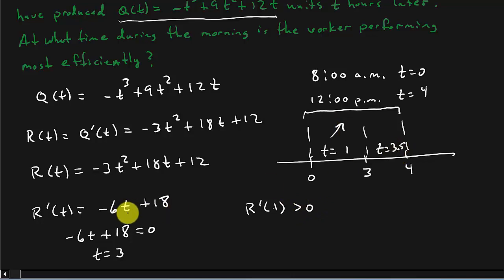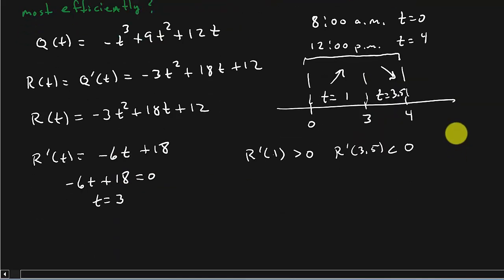And then the 3.5, plug that into there, r prime of 3.5, that is going to be negative, because think about it, 6 times 3 is 18, so 6 times 3.5 is more than 18, so I've got a negative number that's more than 18, so that's decreasing. And so we show that there is a maximum at 3. Okay, that's a maximum there.